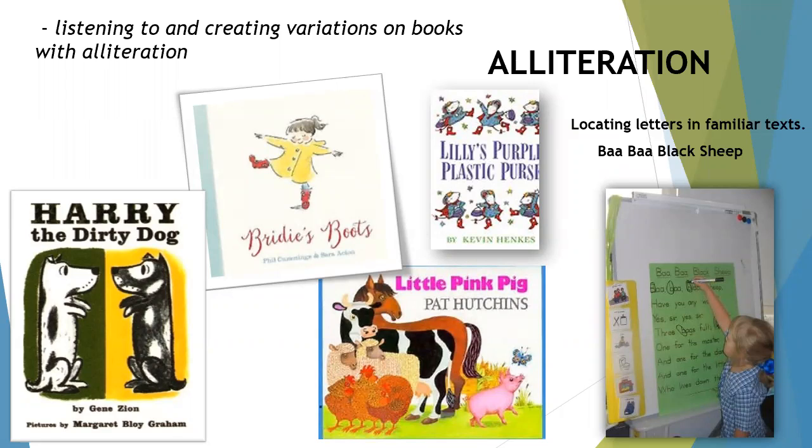Also, alliteration is an important part of phonological awareness, and so we need to be listening to and creating variations on books with alliteration. So, you know, Bridie's boots, there's the B straight away. Lily's purple plastic purse. Children really enjoy playing with this alliteration, which is where the initial sound in a word is actually the same.